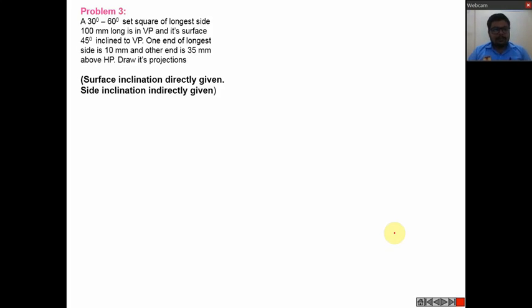Its surface is 45 degree inclined to VP. One end of the longest side is 10 mm and the other end is 35 mm above HP. Draw its projections. So first two steps are almost same.